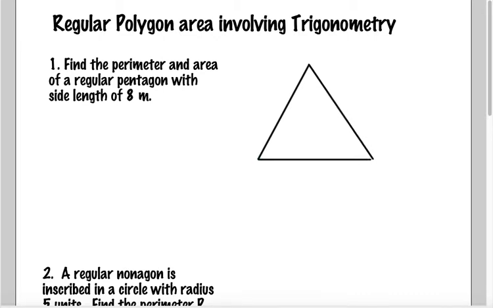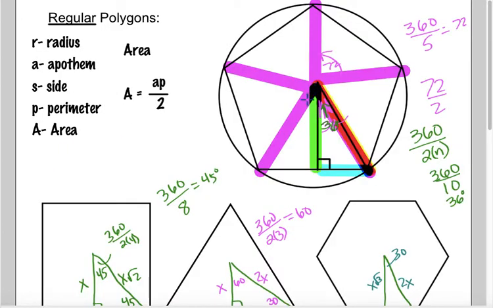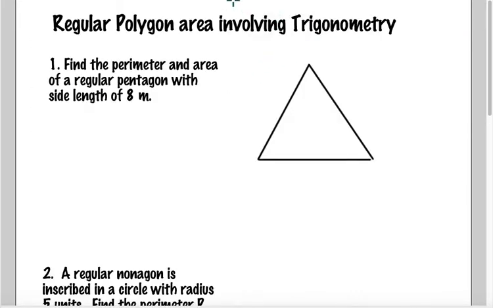And I'm drawing what would be the full bottom triangle of the pentagon. By that I'm talking about this entire triangle here on the bottom. The next thing I'm going to do is I'm going to divide that in half because our math only uses half of this triangle. So that's my apothem. It's kind of slanted, but we're just going to go with it.